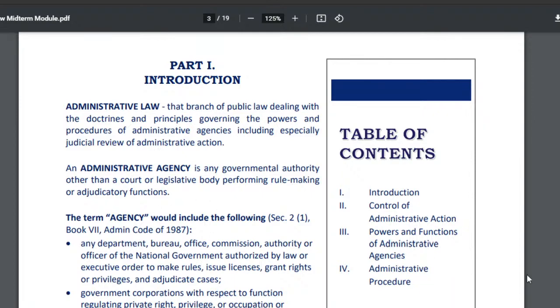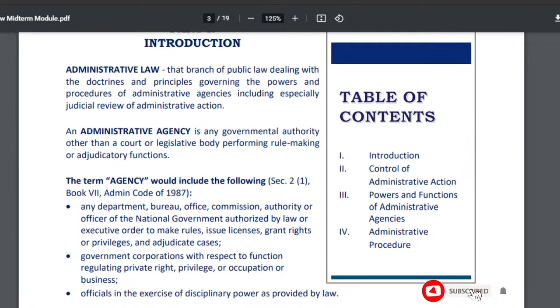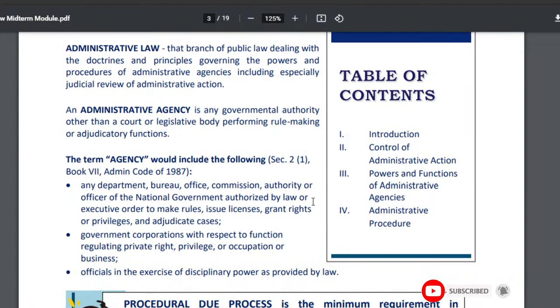So when you say agency, okay, the term agency would include the following. Section 2, paragraph 1, Book 7, Administrative Code of 1987, refers to agency as any of the following.